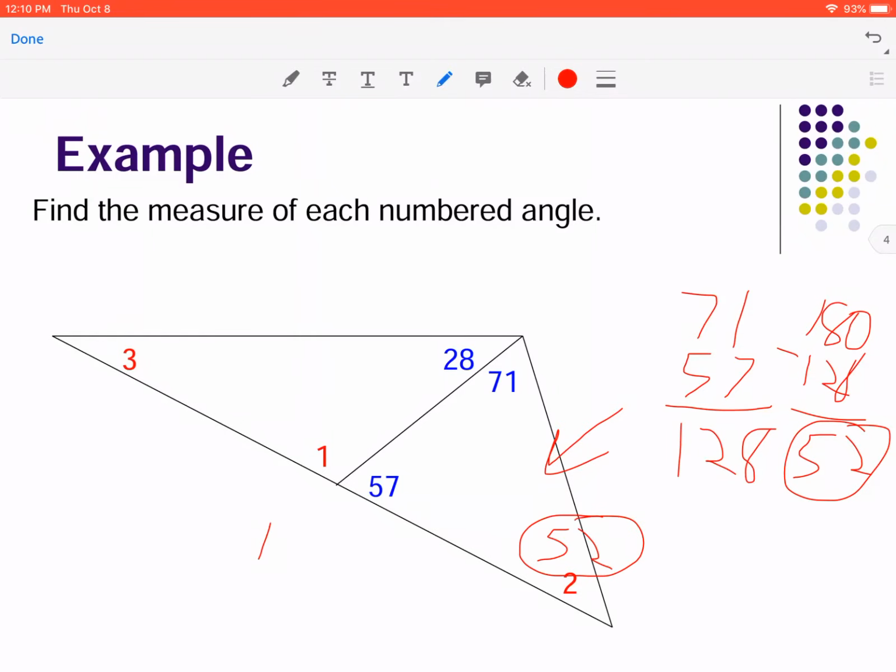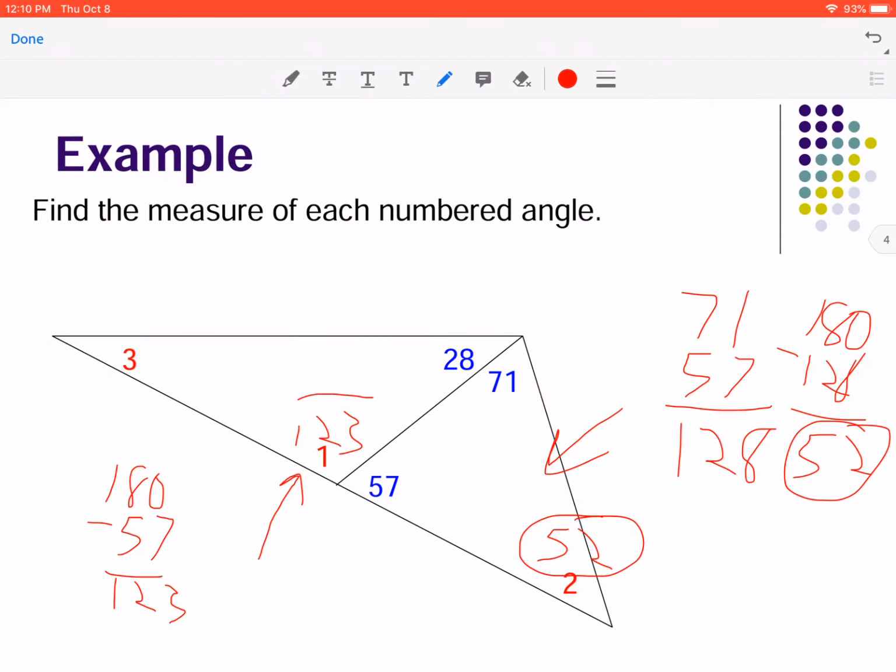Now, this angle goes back to what we did last week. This is a linear pair. That's two angles that are beside each other. Remember, that makes half a circle, straight line, supplementary, whatever you want to call it. Those two angles need to add up to 180. So if I do 180 minus 57, then I should get my answer. It's 123.